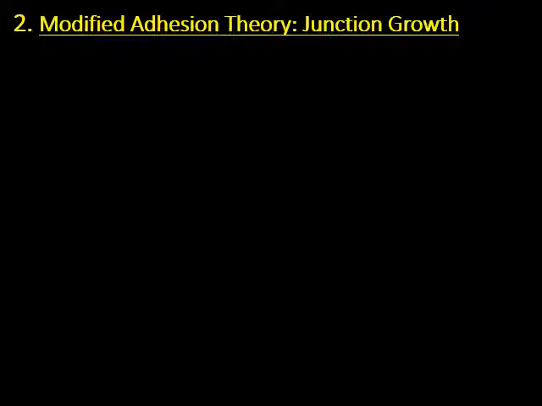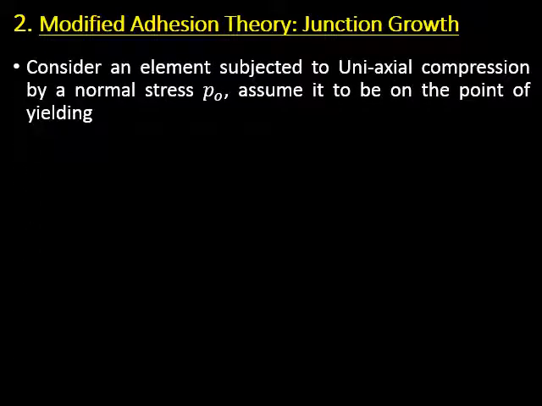Next is the modified adhesion theory, or the junction growth theory. Some of the drawbacks of the simple adhesion theory led to the development of this modified adhesion theory. Again Bowden and Tabor modified their earlier theory, considering the effect of both the normal and the tangential loads.